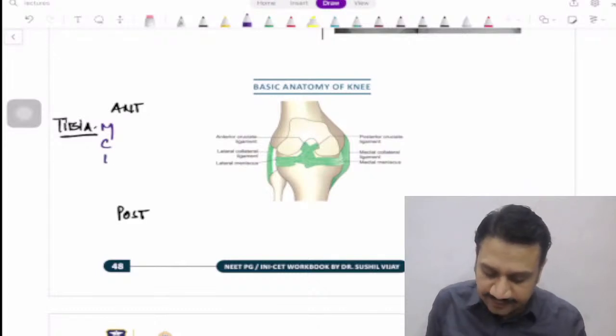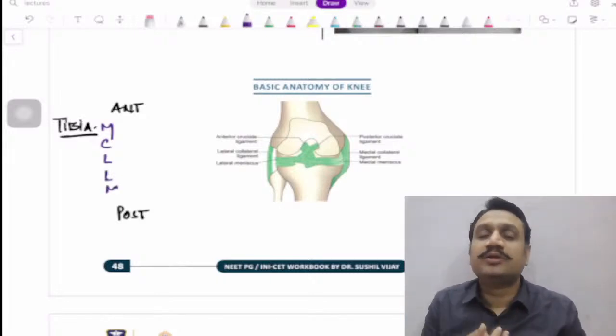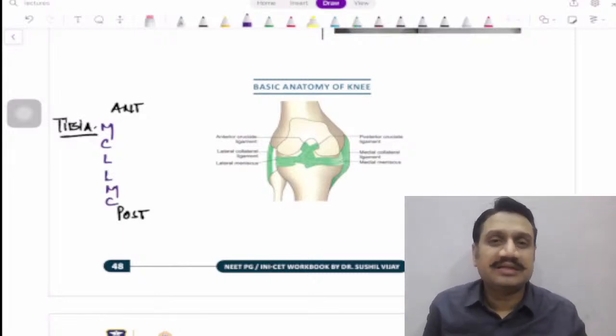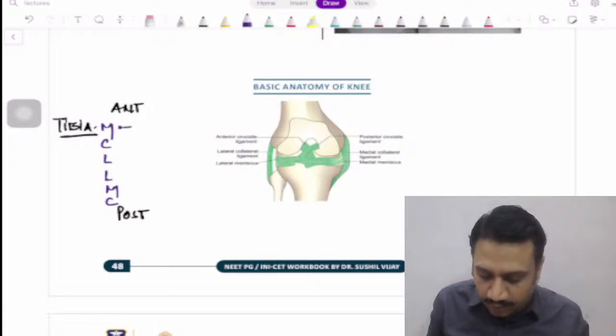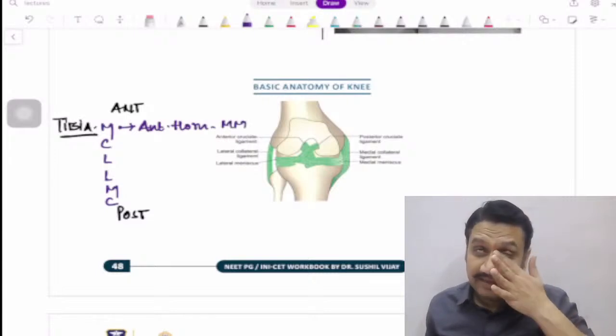M here stands for menisci, right? On the anterior side, it has to be the anterior horn of the medial meniscus. C is for cruciate, so we have the anterior cruciate ligament here, and L is for lateral meniscus. Which part of the lateral meniscus? It is the anterior horn again, the anterior horn of the lateral meniscus.